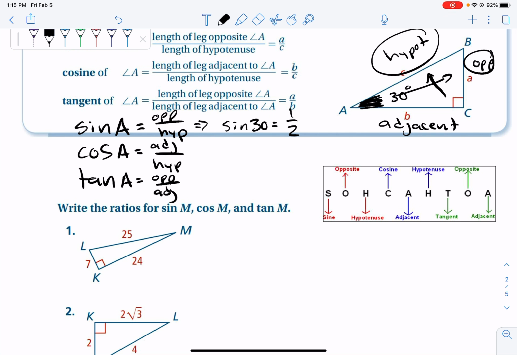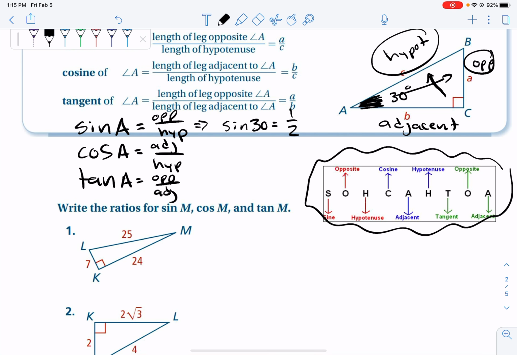The first one is this phrase right here. And it says SOHCAHTOA, okay? If you go home and ask your parents, what does SOHCAHTOA mean? They probably will tell you what it means because they remember it. It's one of those things that sticks with you. Now, the way that you use SOHCAHTOA, S stands for sine, and then the O stands for what goes after the sine, the opposite over hypotenuse.